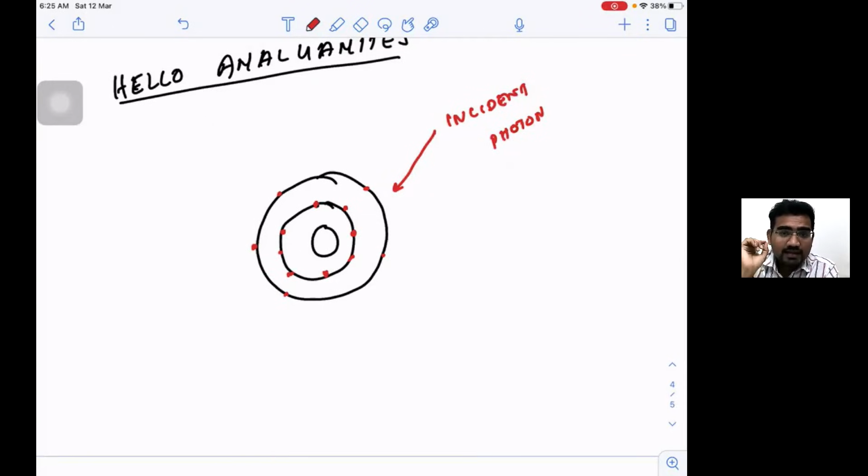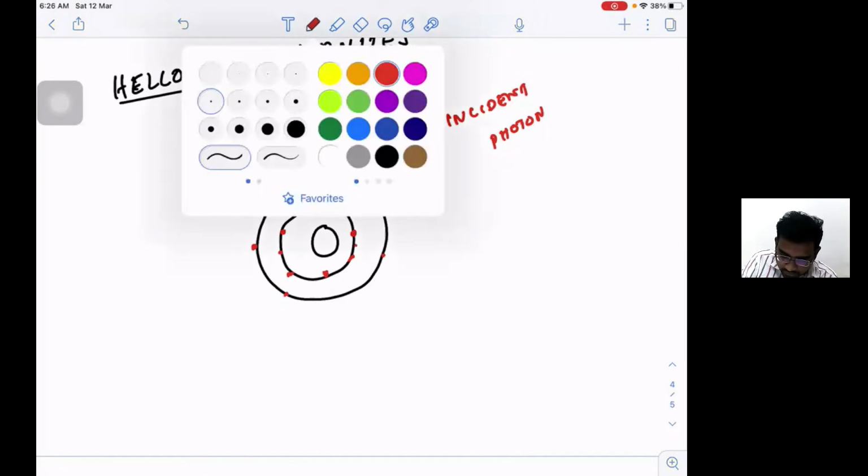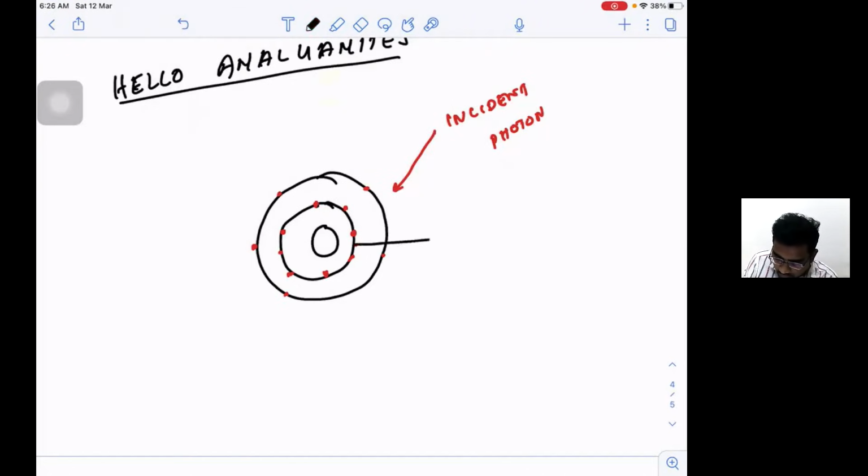Whenever it hits an atom, there is going to be a shift of electrons from the lower energy state to the higher energy state. This is the low energy state, and this is the high energy state.